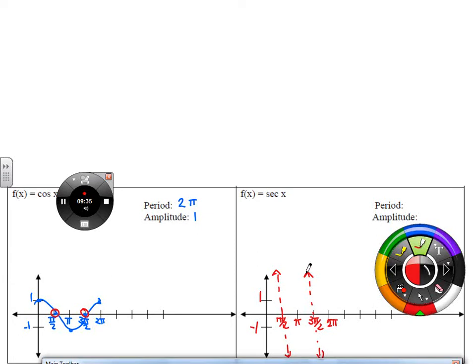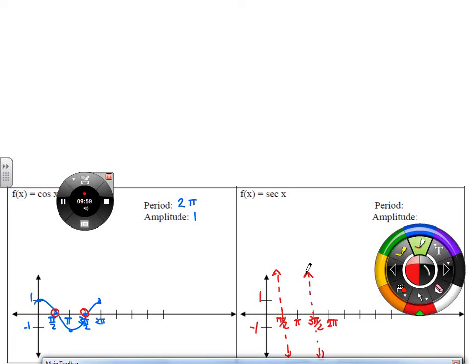All right. Other things? What else did we know when we transformed the sine function into its reciprocal that we could use here? Okay, good.